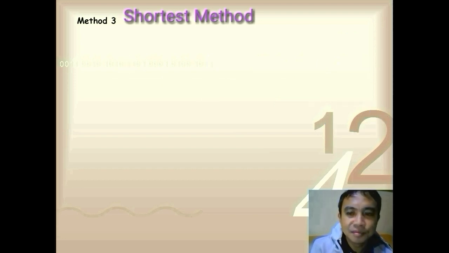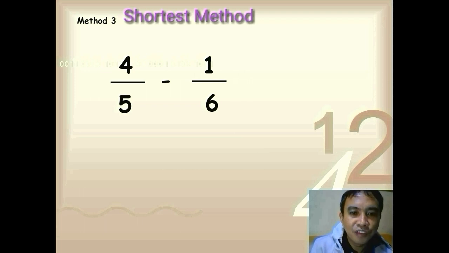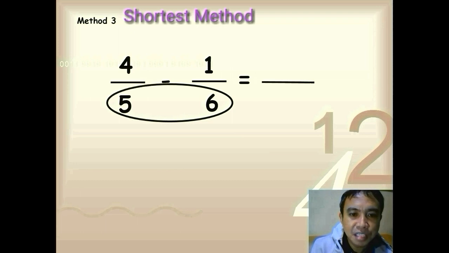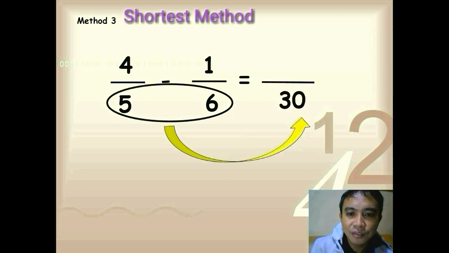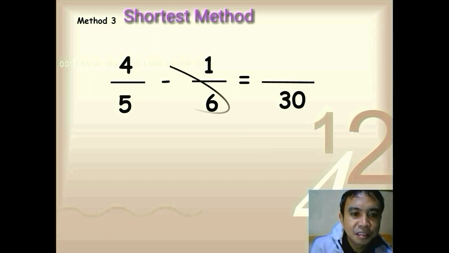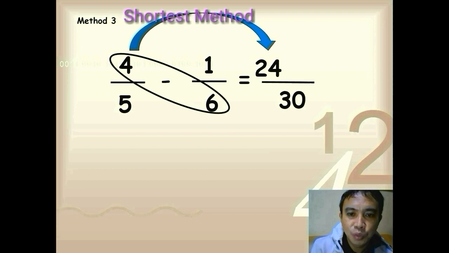Final example. 4/5 minus 1/6. So how do we subtract this? Simply multiply the two denominators, 5 times 6. So we have 30. Cross multiply. 4 times 6, we have 24.